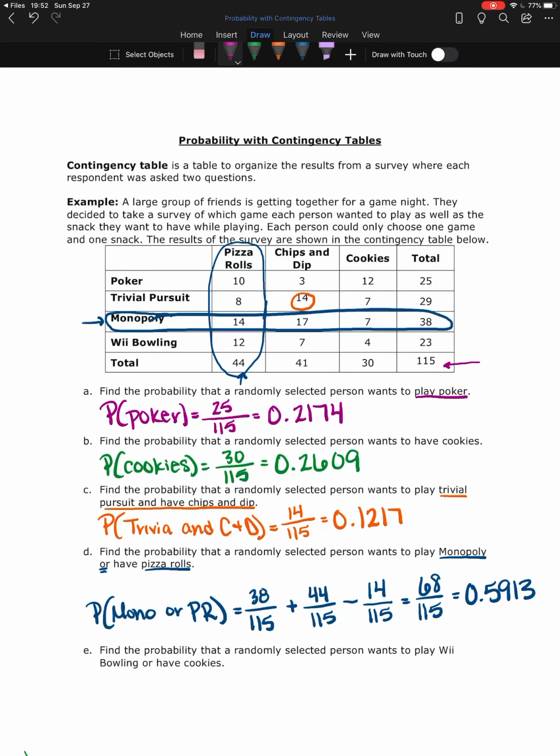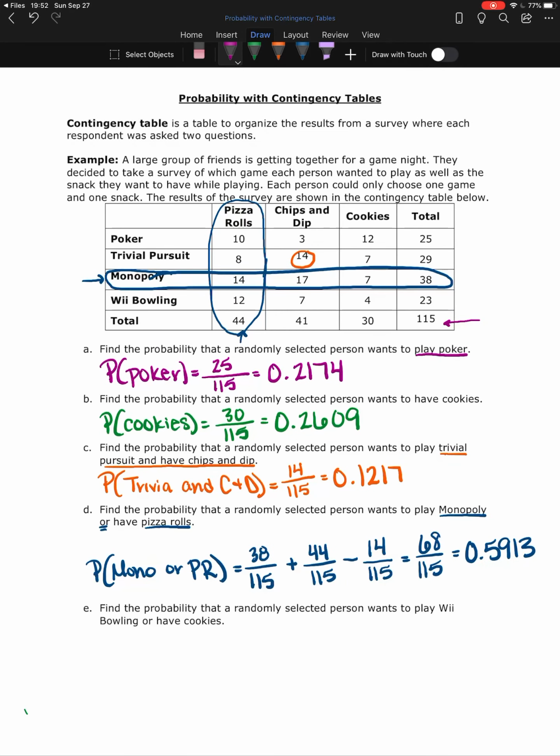Okay. So last example. What is the probability that a randomly selected person wants to play Wii bowling or have cookies?